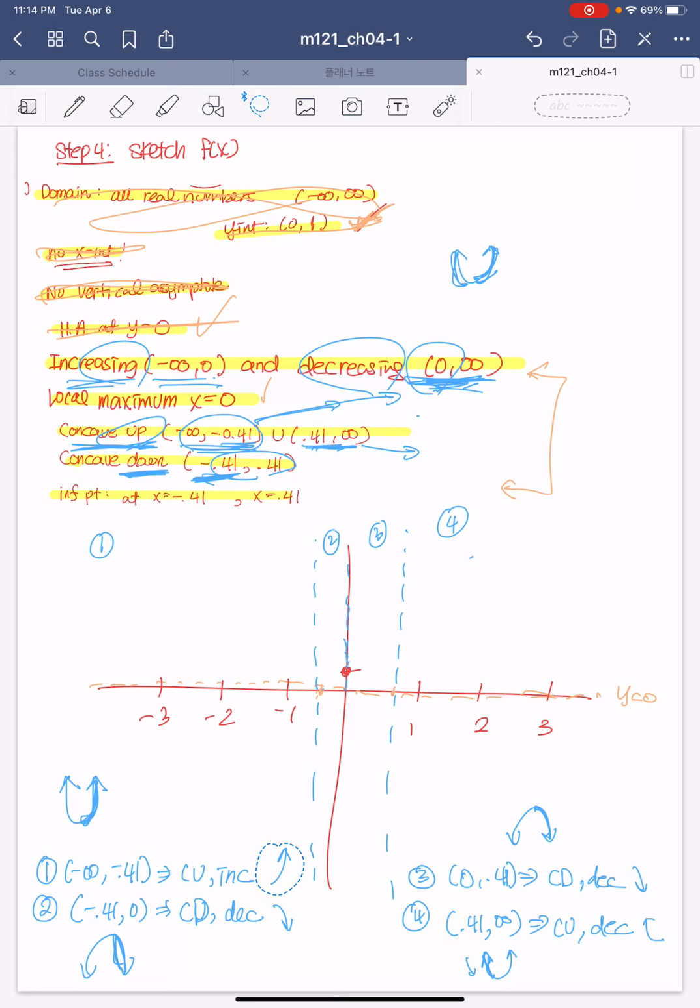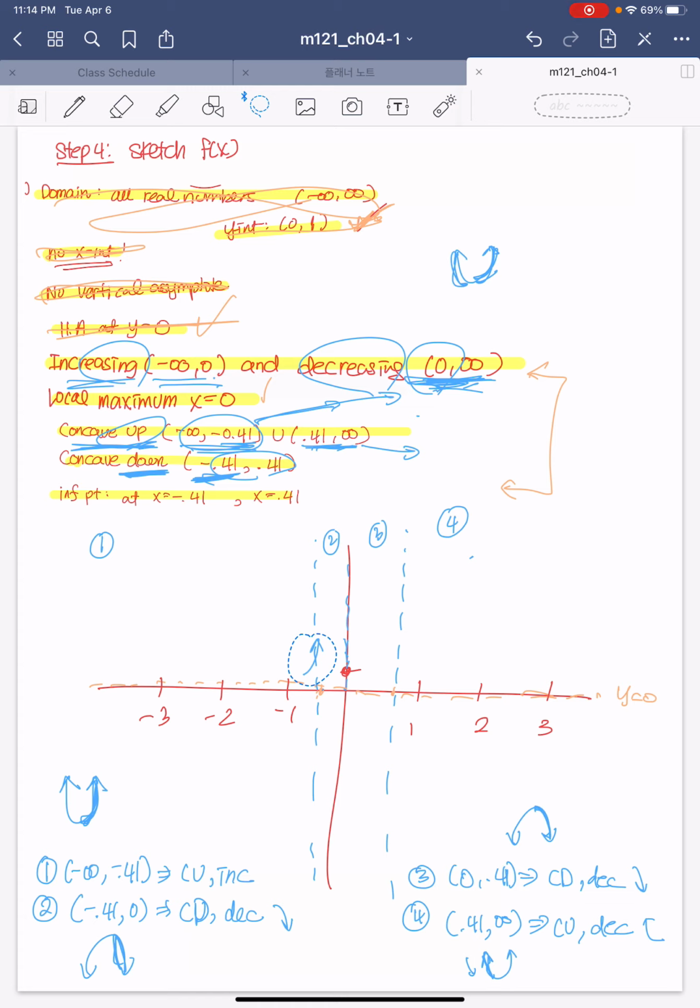This is kind of like what's happening. Remember, this blue line is not a vertical asymptote. It's just for me to mark the boundary. And then we kind of have concave down and then decrease.